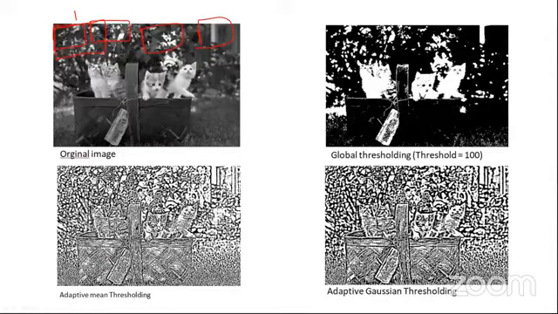This is the adaptive mean thresholding, and this is Gaussian thresholding. Here you can see the result is worse compared to global thresholding. In global thresholding, we segmented the cat image fairly well, but here it gets messed up.